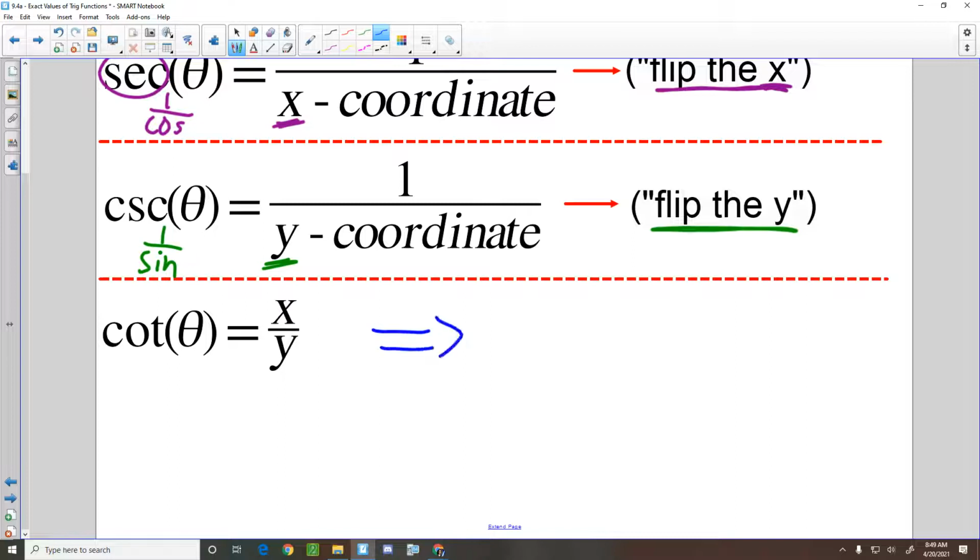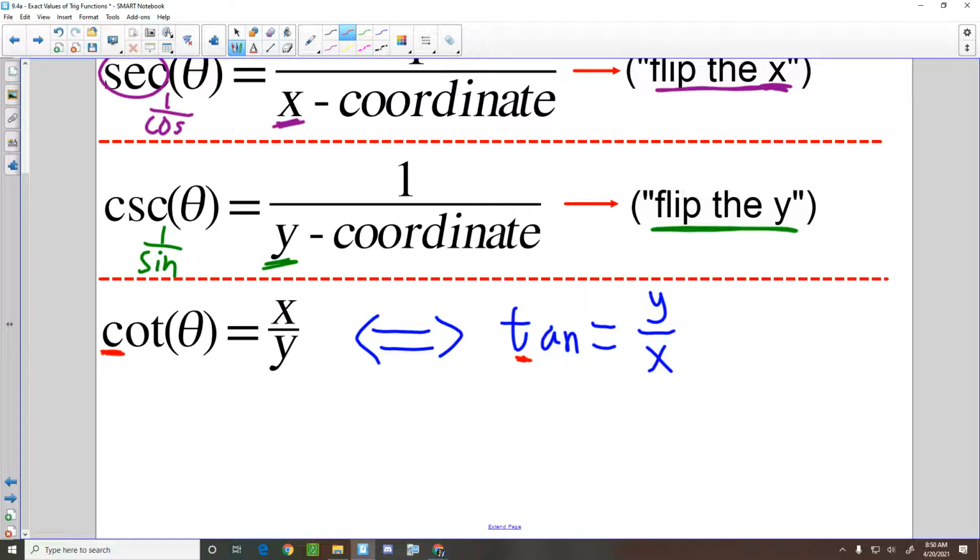By the way, my little tricks to help keep these straight for tangent and cotangent, because you know it's x and y, but which one's on top, which one's on bottom. Again, like most of these, just think alphabetical. Alphabetically, cotangent, C, comes before T, doesn't it?